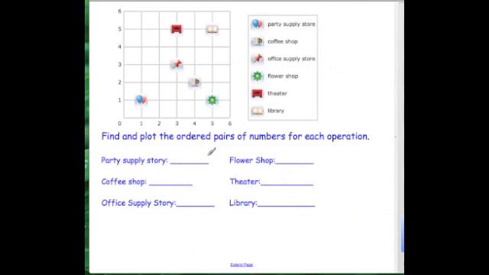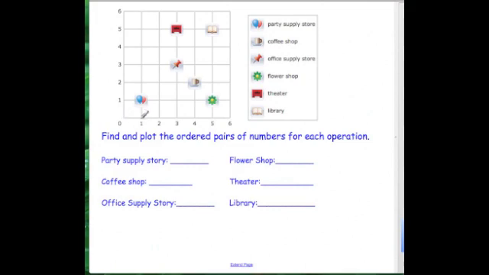Here we're going to locate places by finding where they're at on a coordinate grid. So we're going to find and plot the ordered pairs of numbers for each location. So we've been plotting, now we're going to find where things are at. For the party supply store, we're going to look for the balloons. We're going to go to our origin here, and we know that we have to move along the x-axis first, which takes us to the right, our horizontal axis.